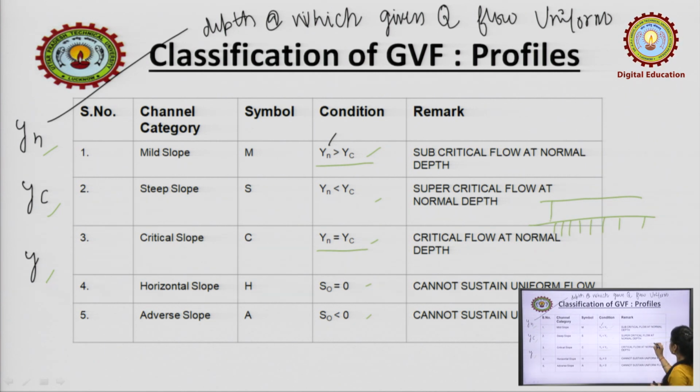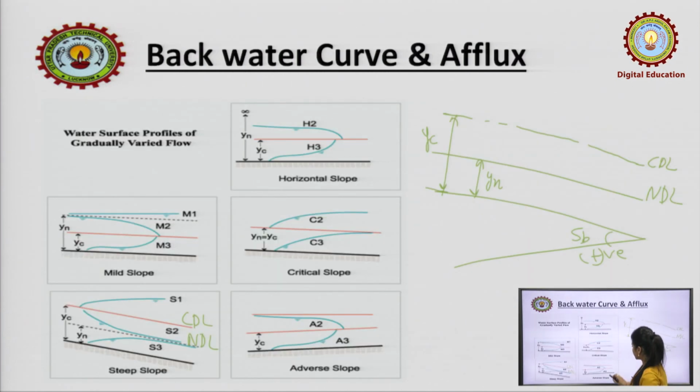This is the datum, this will be your Yc and this will be your Yn. Reason being Yn is equivalent to Yc, and it will be critical flow at normal depth. Similarly, you can see another one, the critical one, where CDL and NDL coincide as one and the same, and they have the same value, Yn equivalent to Yc.